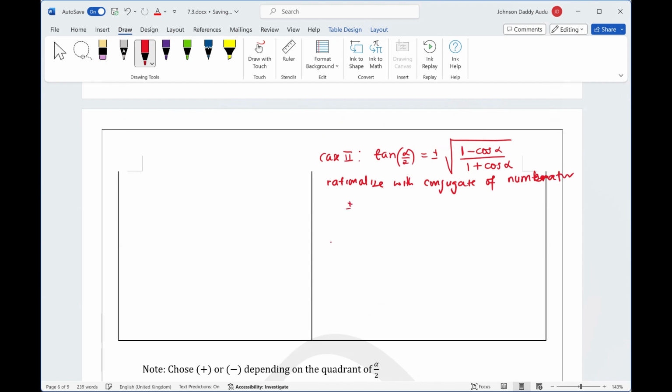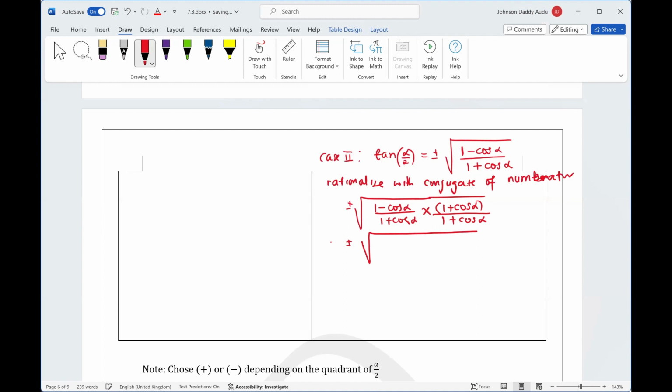So this is going to be 1 minus cosine alpha over 1 plus cosine alpha. We multiply with the conjugate of the numerator. What is the numerator? The numerator is 1 minus cos alpha, so the conjugate will be 1 plus cosine alpha, and also 1 plus cosine alpha in the denominator.